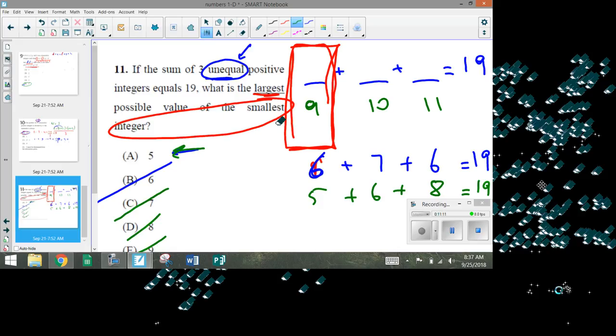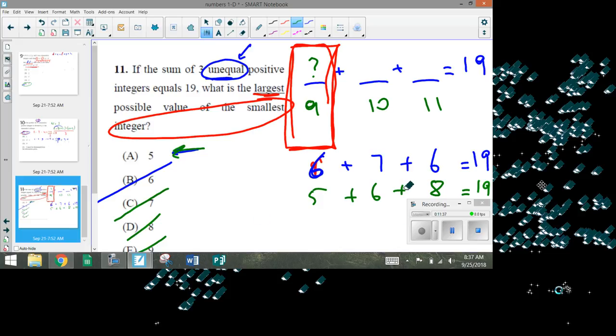So question, what is the largest possible value of the smallest? What was the technique? Circle the question. Smallest integer. We focus on this box. And then what is the largest possible value? I'm trying to make this number as large as possible. That's why I first tried 9. It didn't fit. I decreased the numbers.